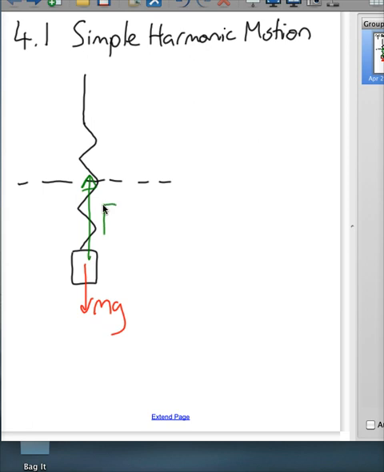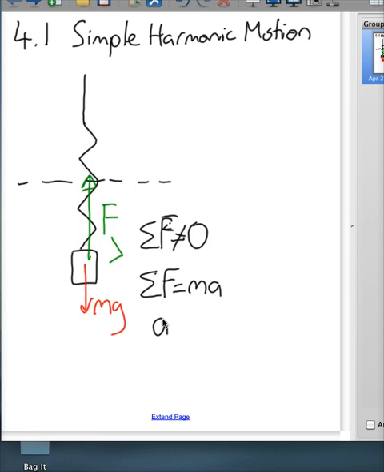The force in the spring is now greater than mg. What that means in this position is that the sum of the forces are no longer 0. Okay? And if the sum of the forces aren't 0, then because the sum of the forces is equal to the mass times the acceleration, the acceleration isn't 0 anymore.